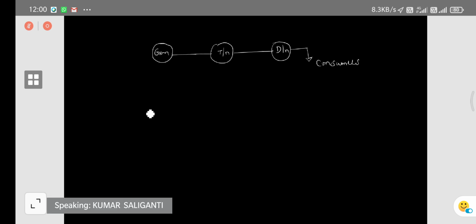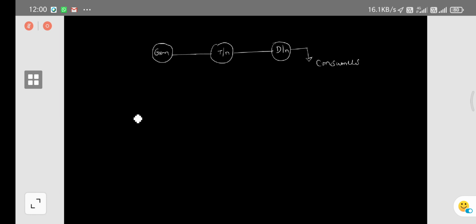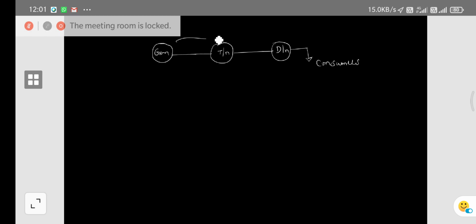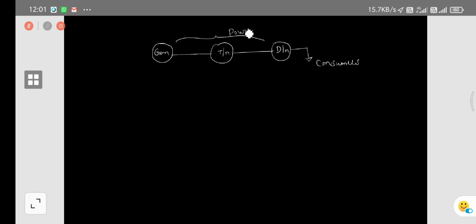In power system, power flows at different sections at different voltages. This is the power system network here.